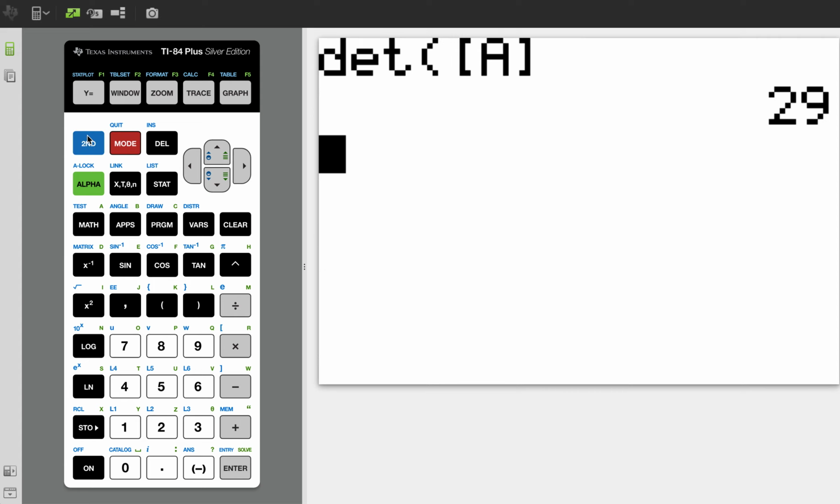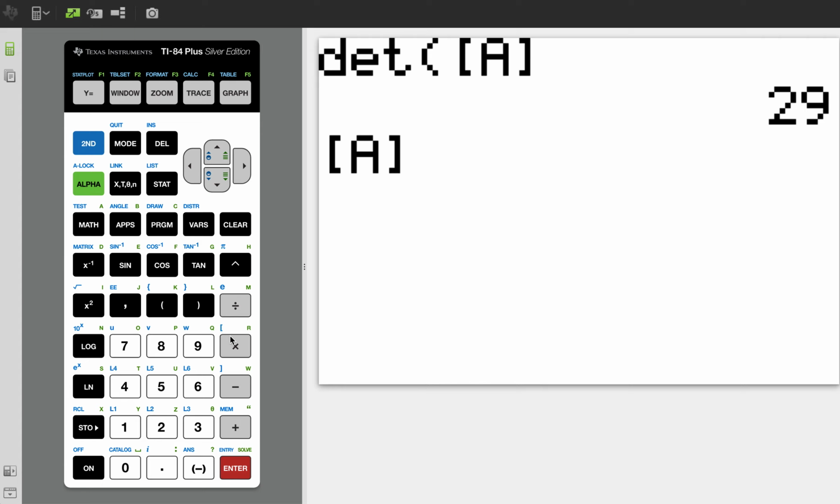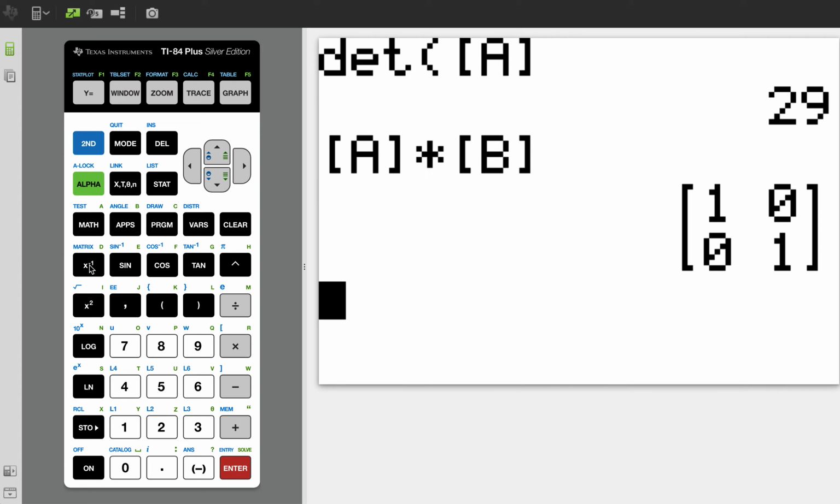I'm going to quit, and I need to multiply out A times B. Let's see what I get. Yay! So here we see that we do get the identity matrix. Now I need to commute those.